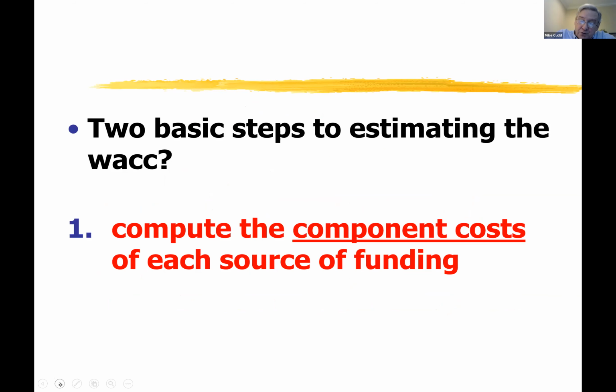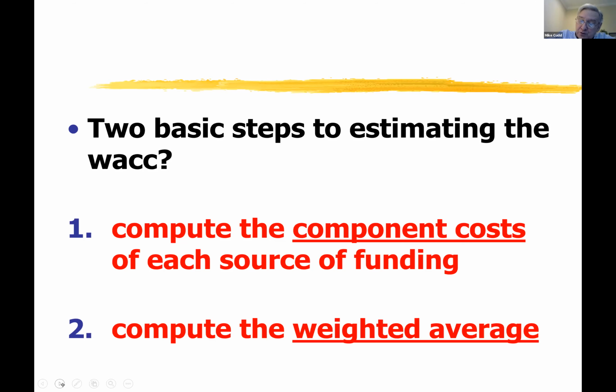First, you calculate the component costs of each source of funding, that is the required rate of return on debt, the required rate of return on equity, then you take a weighted average. Very straightforward. The math in this chapter is not only straightforward, the concepts you've already seen.